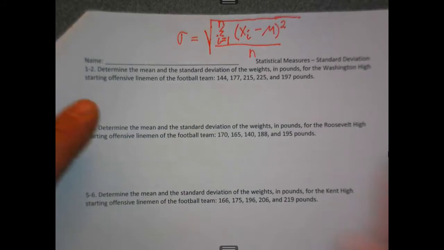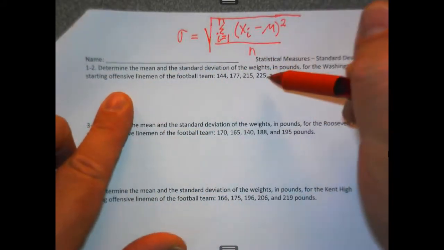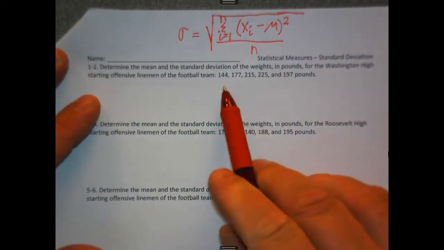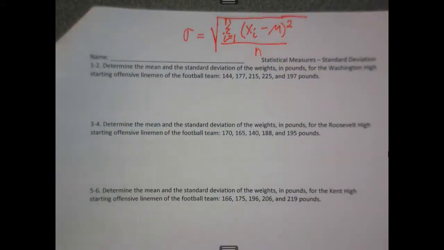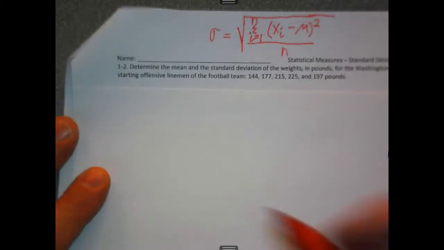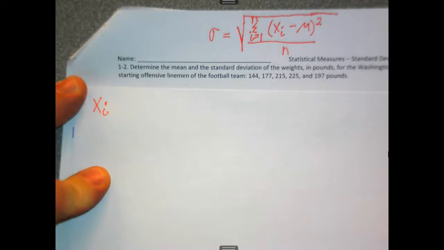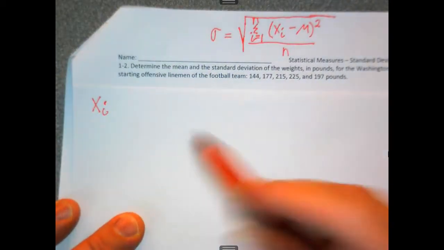All right, so let's start with collecting our data points. So I like to put them in order. You don't have to when you're just figuring out the standard deviation and the mean. The first thing we need to know is which data point this is, right? Our x of i.